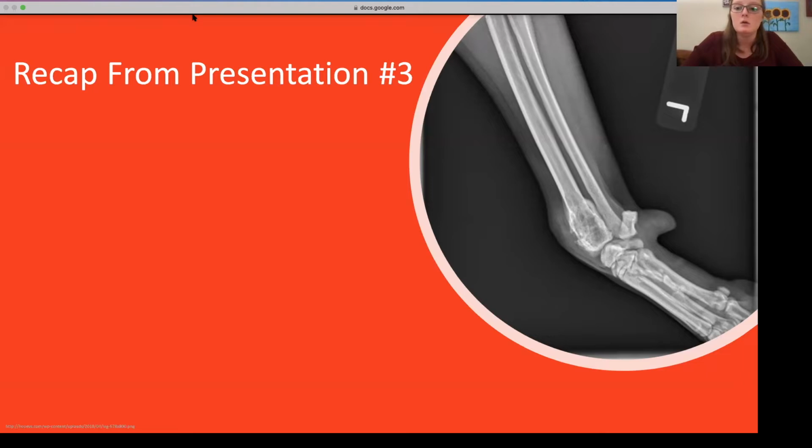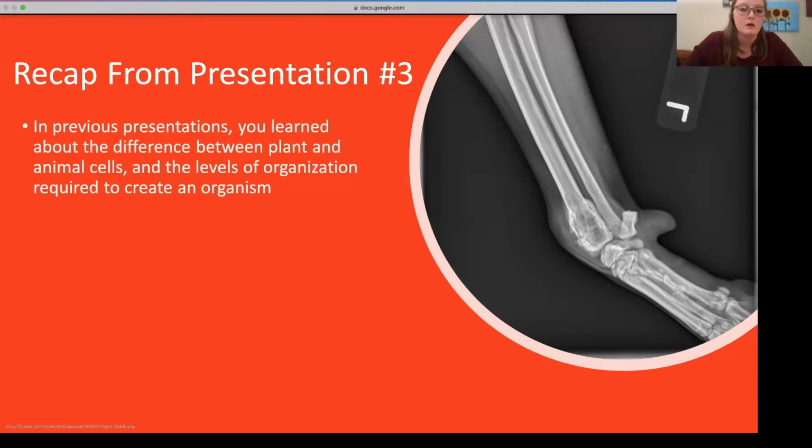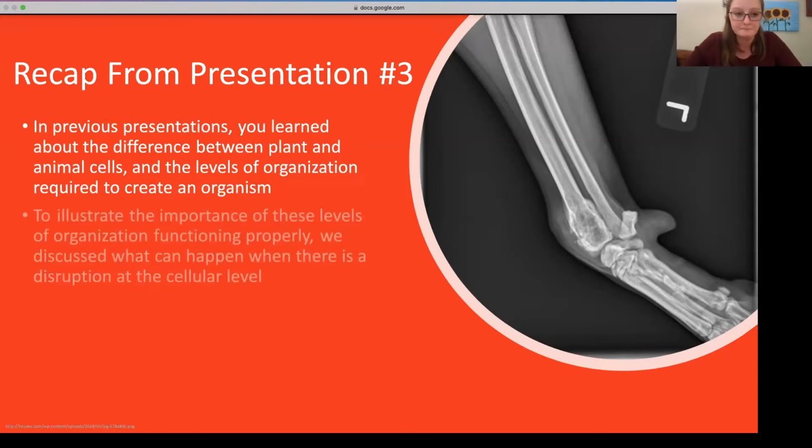All right, so yesterday we learned from Callan about canine metastatic osteosarcoma. And while we were learning about that, we were building on the concepts of differences between plant and animal cells and how cells are organized into different levels to create an organism.